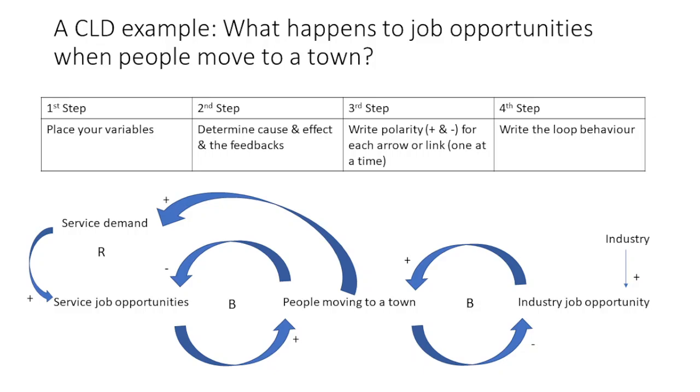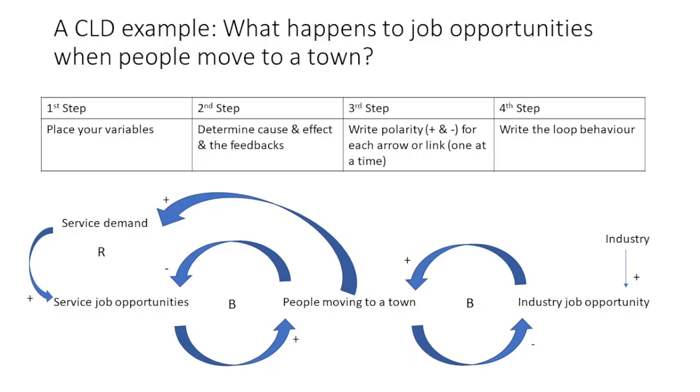So here I've listed these in the slide. First of all, you can see your variables here. You've got the industry, service demand, people moving to town, service job opportunities, and industry job opportunities. So in step one, you place your variables. In step two, you determine the causality, the cause and effect, using the arrows that I just spoke about, from cause to effect.